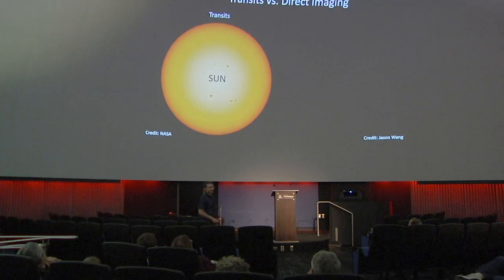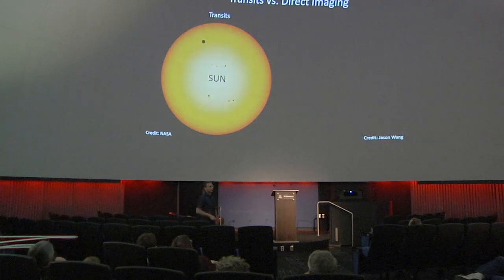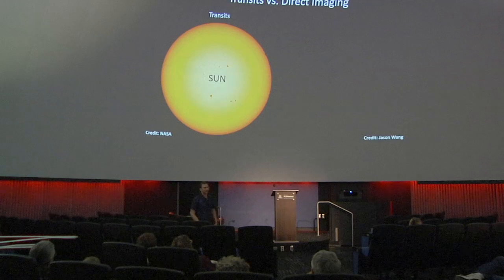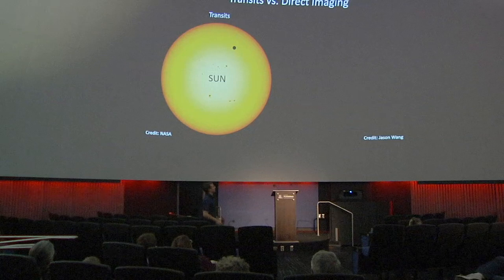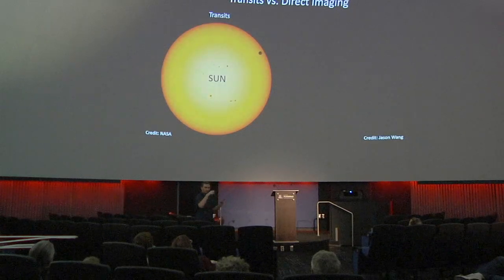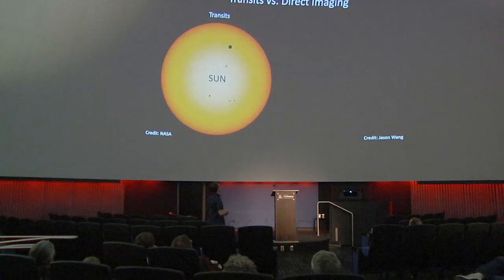We're not able to see the disk of the planet around other stars because they're too far away. They're just pinpricks of light. But what we can see is that the star gets a little bit dimmer when the planet passes in front of it. And that's how we can tell how big the planet is: the dimmer the star gets, the bigger the planet is.